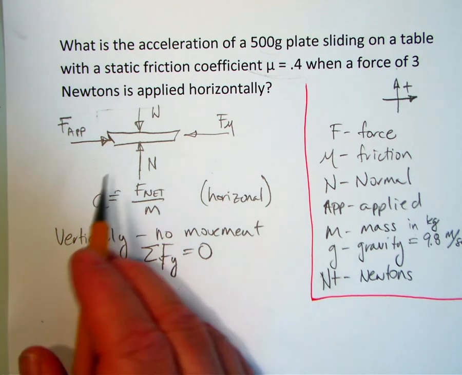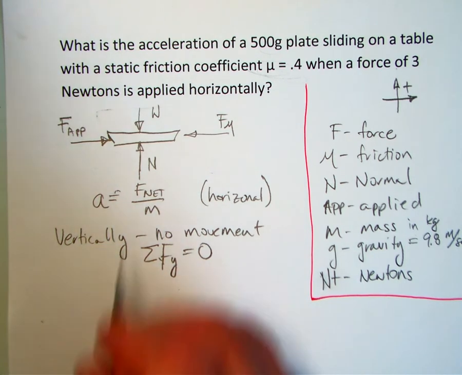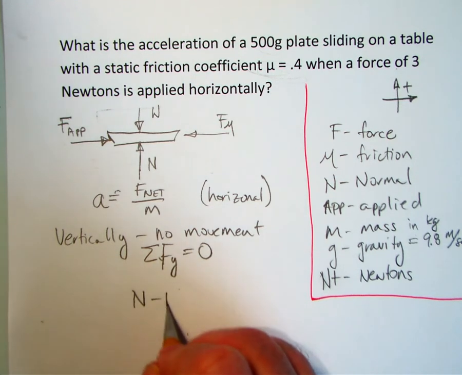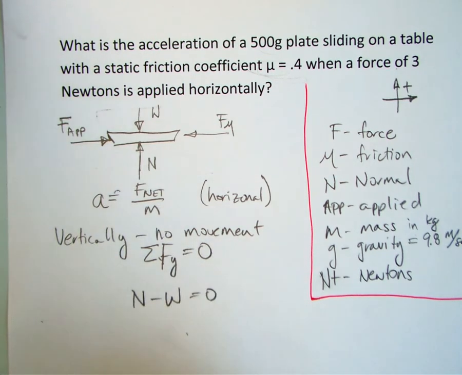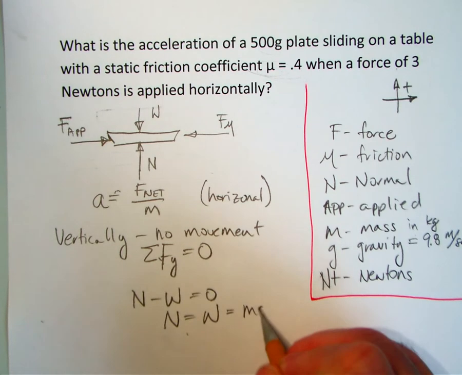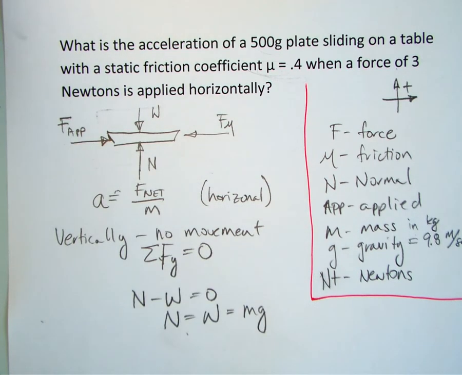But we can just go ahead and say the weight force, which is acting down, opposes the normal force, so the normal force minus the weight force is equal to 0, okay? So the normal force is equal to the weight. What is the weight? Weight is the mass times gravity, okay?